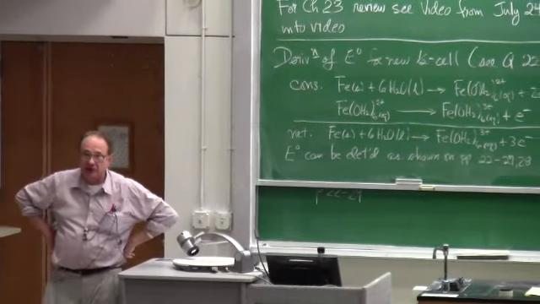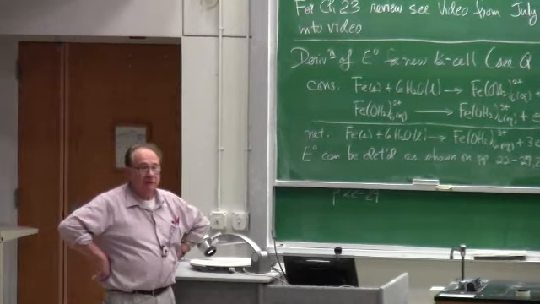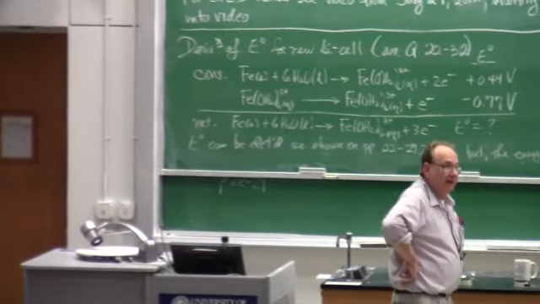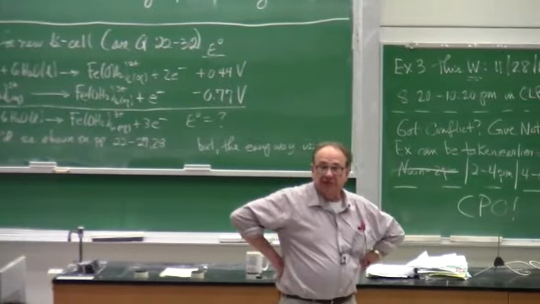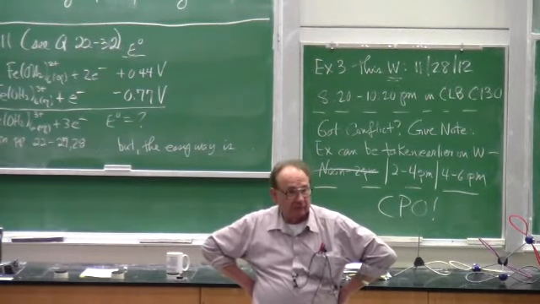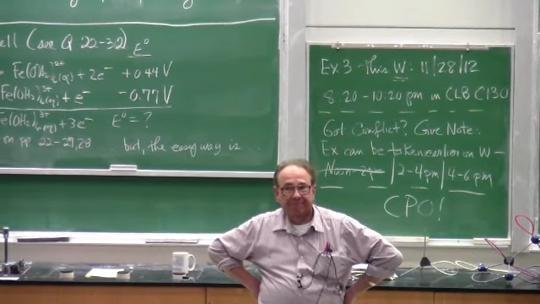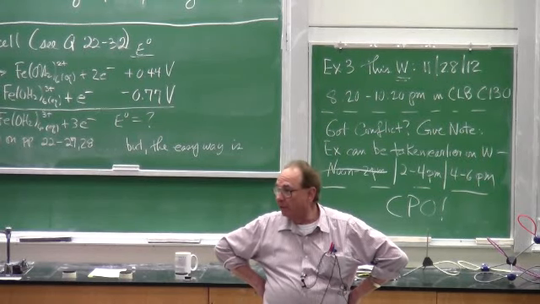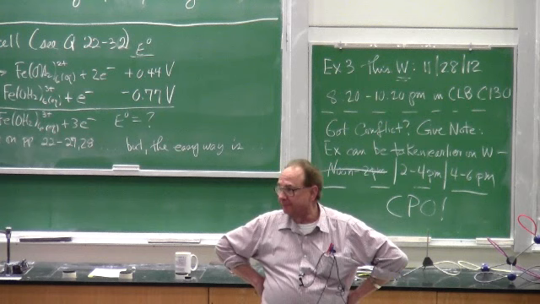Net cell reaction, yes. Works for net cell reaction, why? Because when we combine net half cell reactions to get a net cell reaction, we have no electrons left over. But when you put together half cells to get a new half cell, you wind up with electrons.